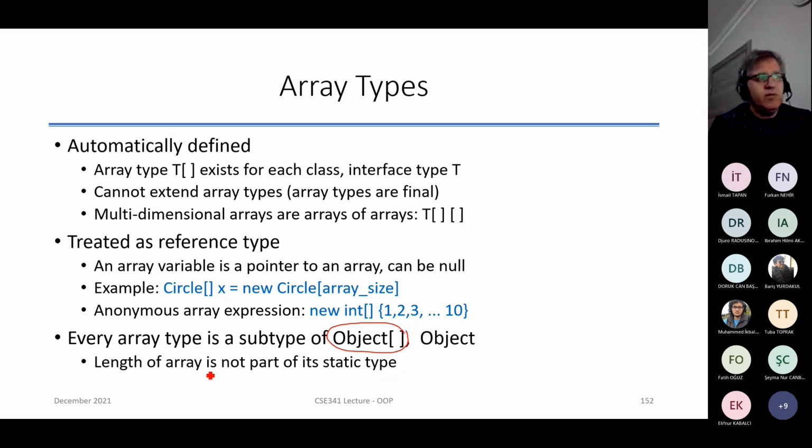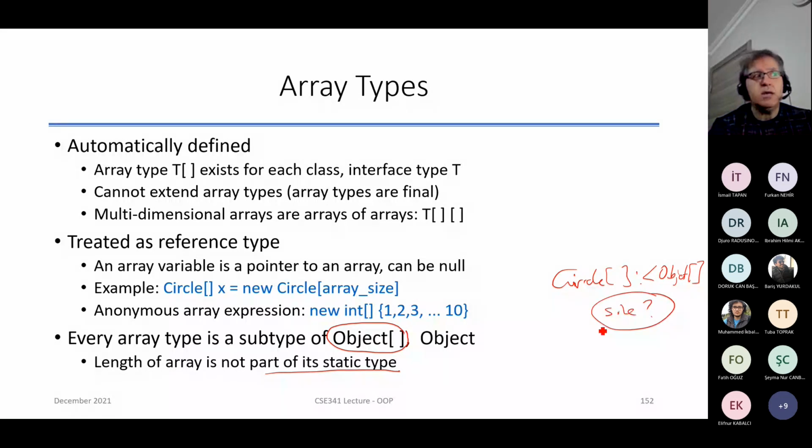Okay, so the length of an array is not part of its static type. If you have a subtyping relationship, say Circle array is going to be a subtype of Object array, right? This is what it says. But the size information of the array is not going to be part of its static type.